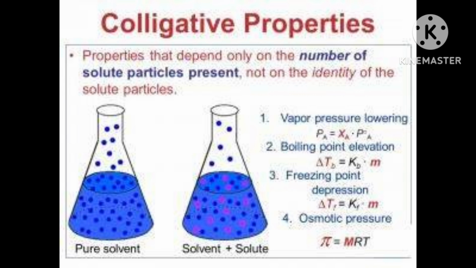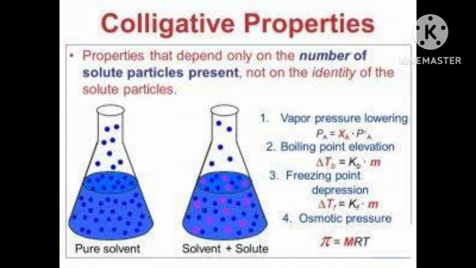In pure solvent only one type of molecule is there, the other component is not there, so the solvent molecules at the surface are free to go to the vapor phase. Then the maximum possible number go, and they make a liquid and vapor phase equilibrium.